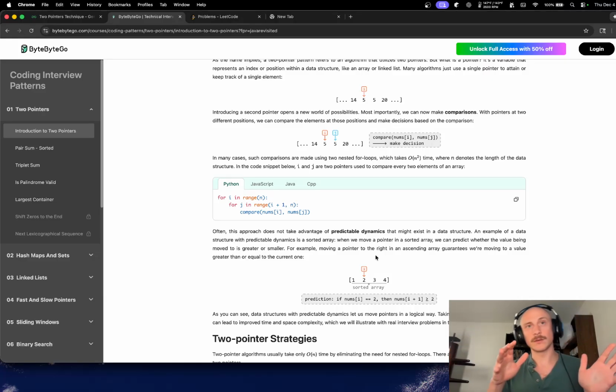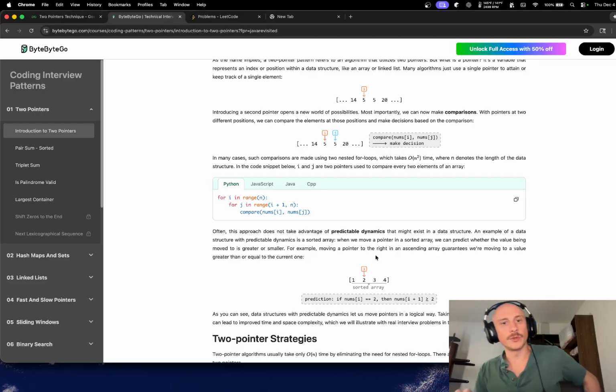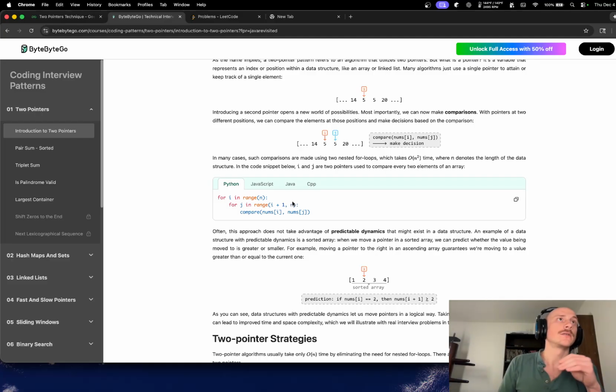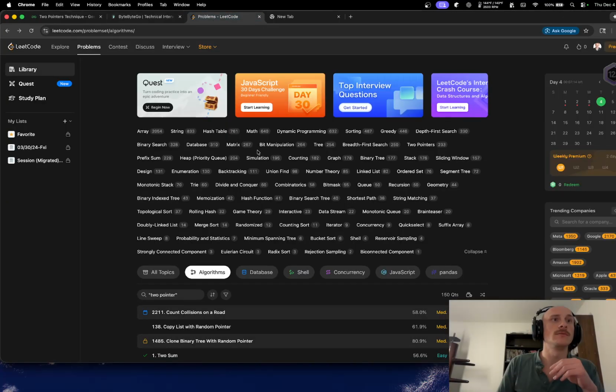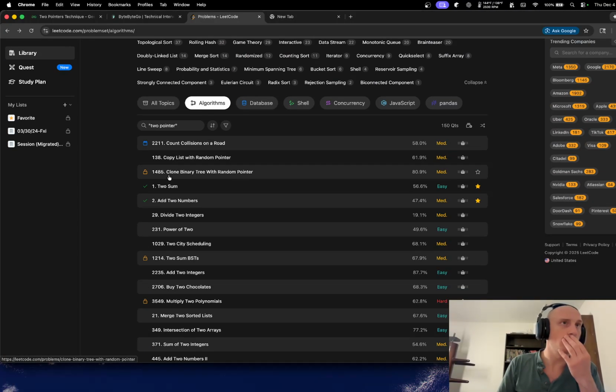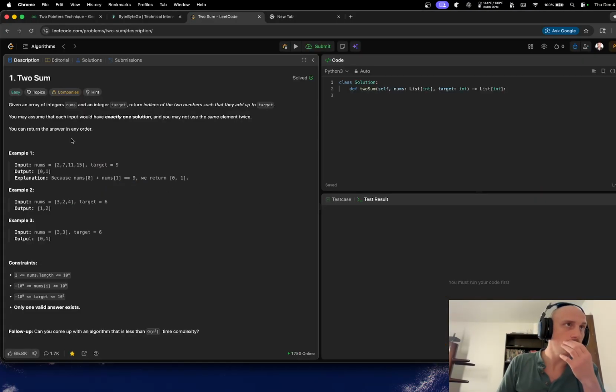Now this is where, inside of your problems, when you're looking at a particular LeetCode problem, let's go ahead and take a look at two sums here. You can see that in the input in a lot of these, the array is not necessarily sorted. Let's look at example 2.